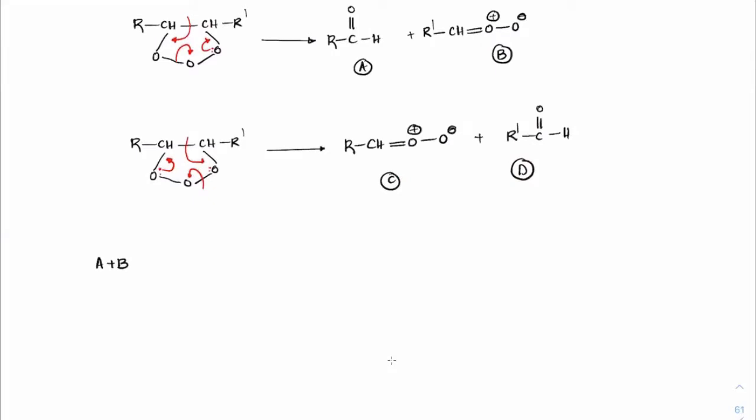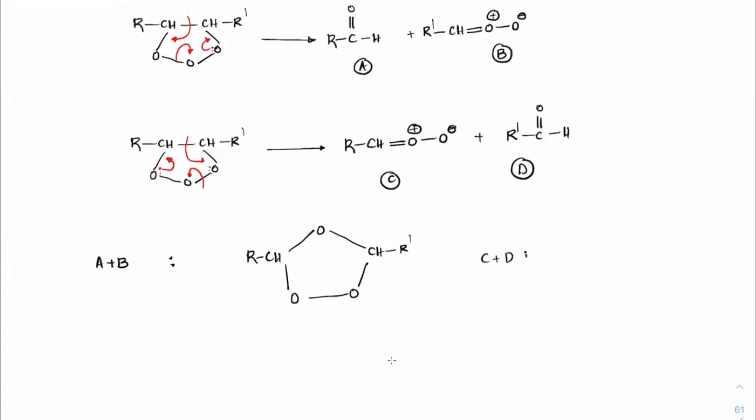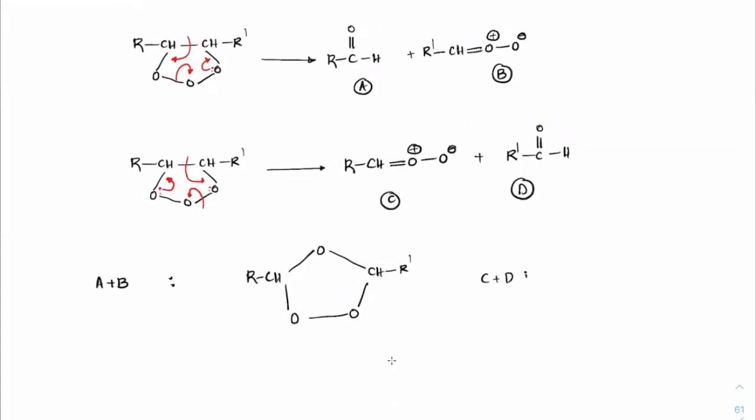If at all I take A plus B combination, see how many products I'll get. If I take these two combinations to form an ozonoid, what is the ozonoid which forms? RCHO with CHR' with oxygen, oxygen, and oxygen. This is the ozonoid which is formed. Correct. Let me combine C and D. If at all I combine C and D, this O will be present typically here.